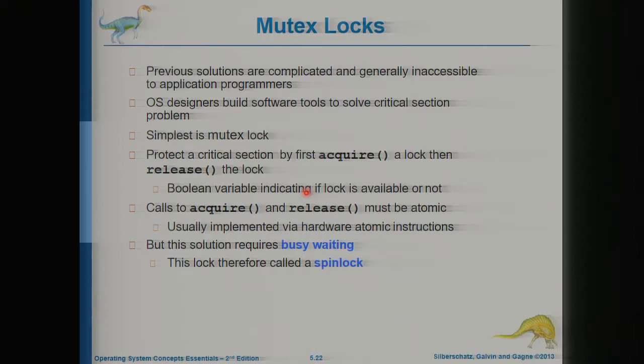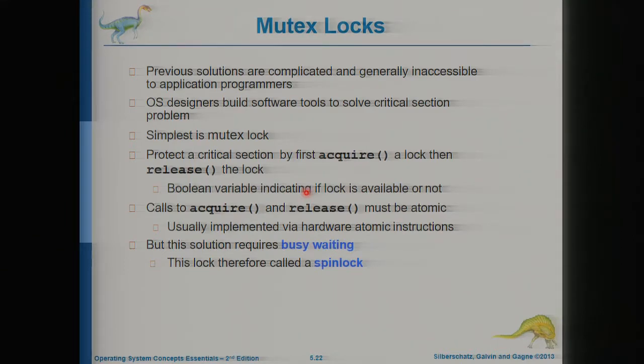If acquire returns true, it means that yes, you can start execution of the critical section. Acquire and release flip the Boolean value, true to false and false to true. It is usually implemented via hardware atomic instructions, but this solution requires busy waiting. That's why it is also called a spin lock. So let's see how this works.